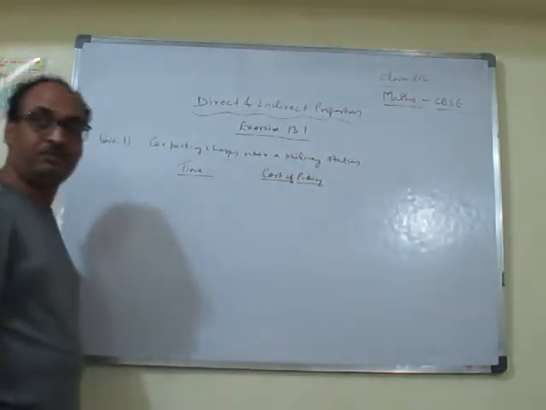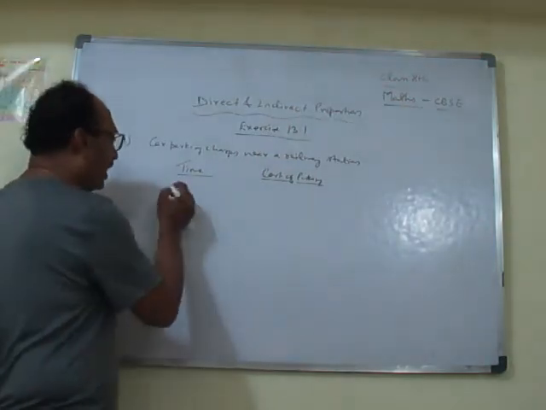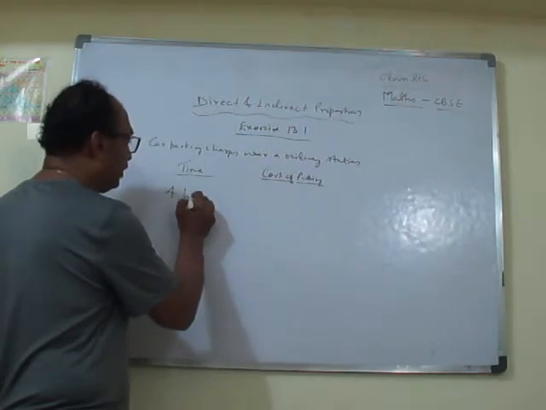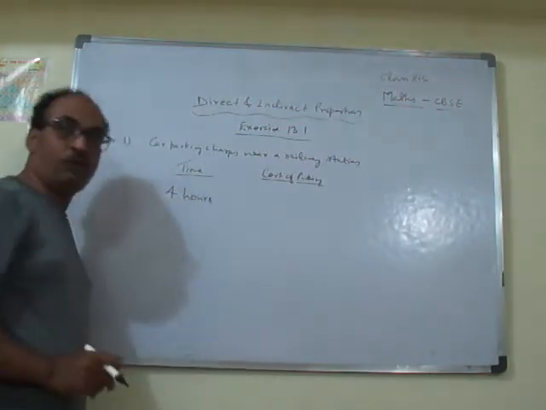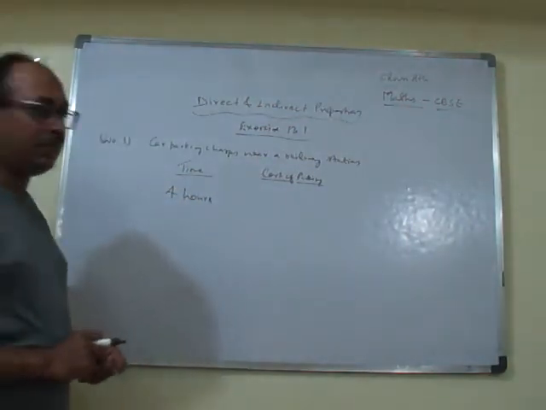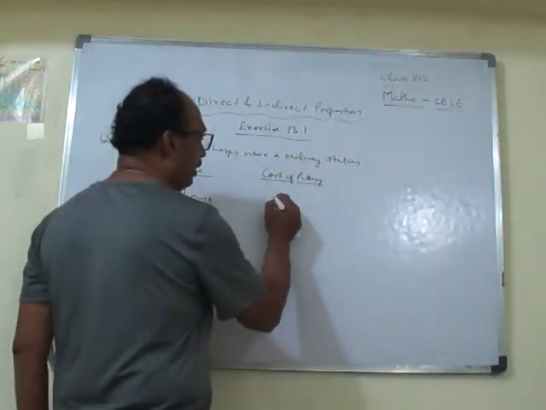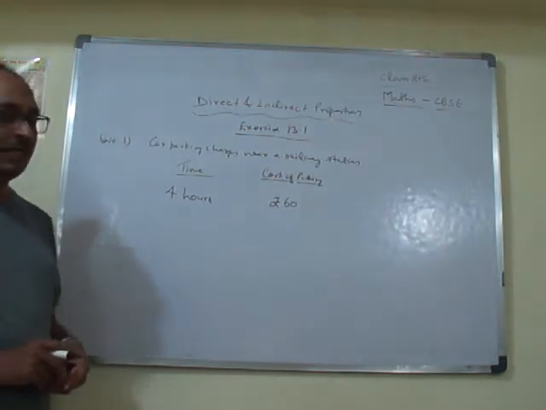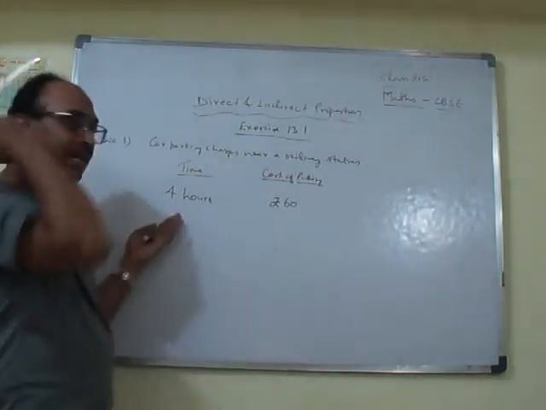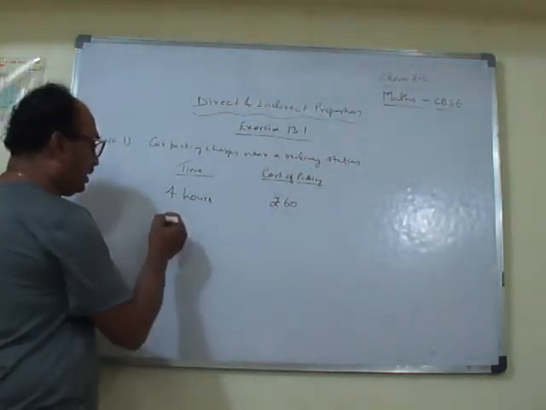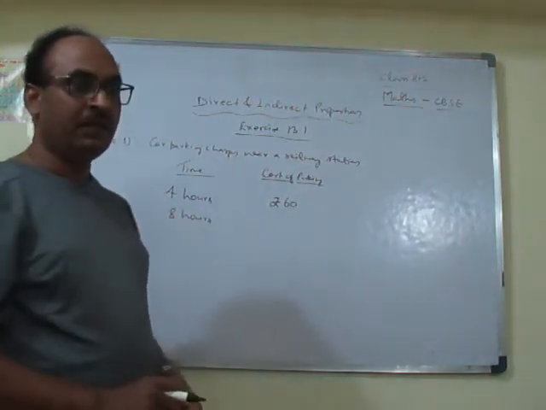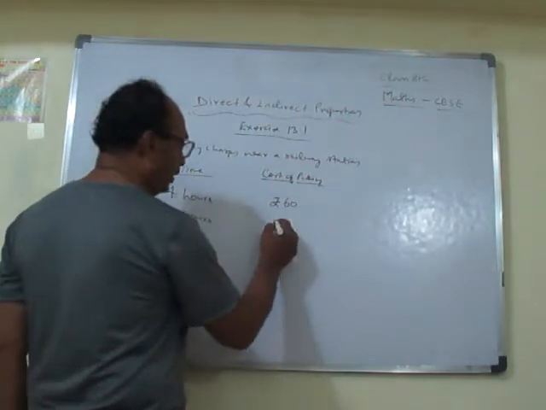Cost of parking. If the car is parked for up to 4 hours, an amount of 60 rupees will be charged. Now if the car is parked up to 8 hours, it will be charged 100 rupees.